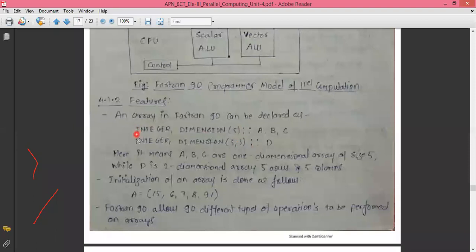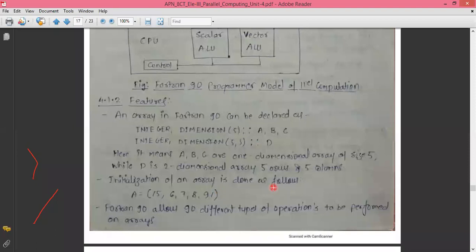Everything is written only and only in uppercase. That is a feature of the Fortran parallel programming language. You are not supposed to write anything in lowercase. So this is one way to define arrays in Fortran 90, both single dimensional and multi-dimensional.